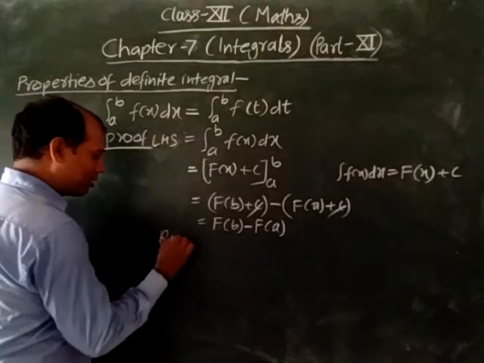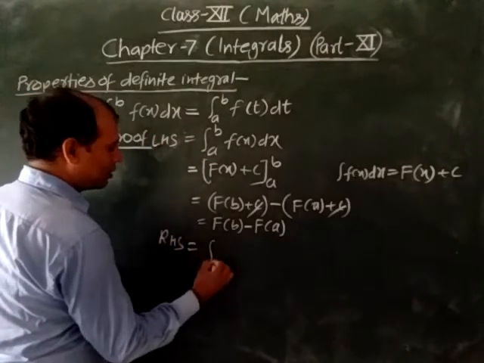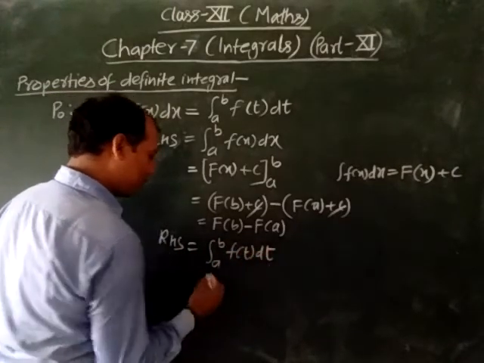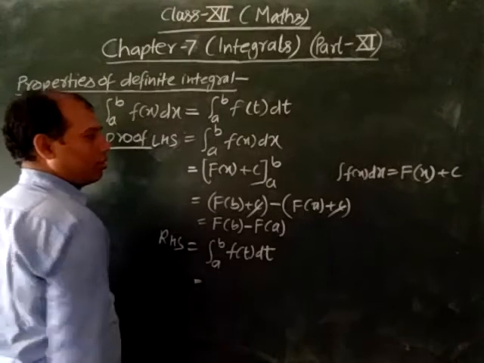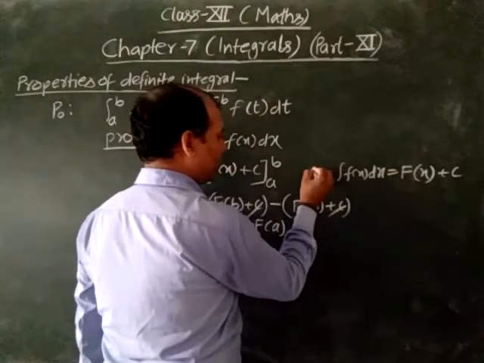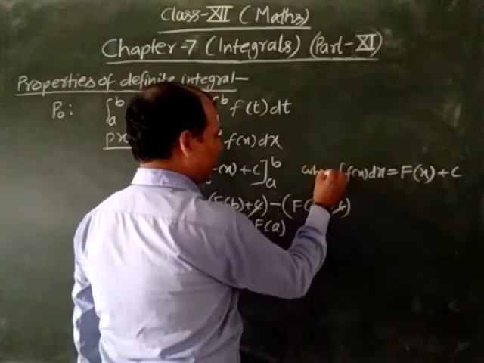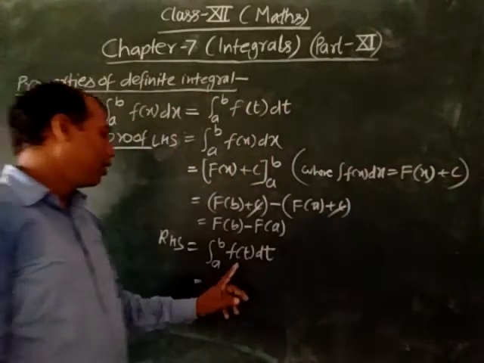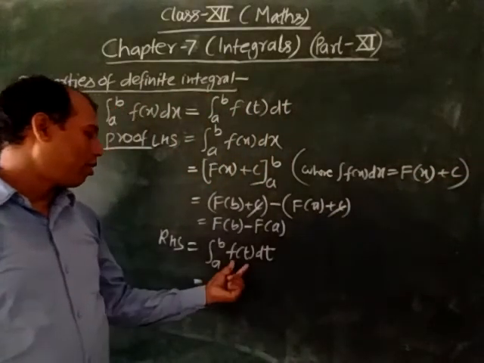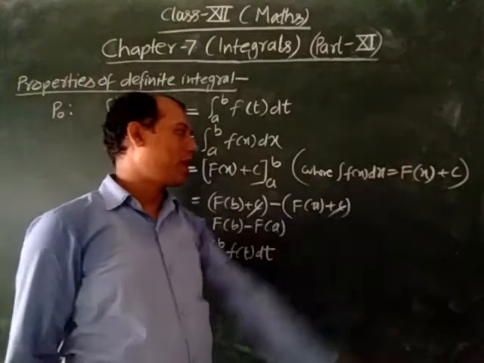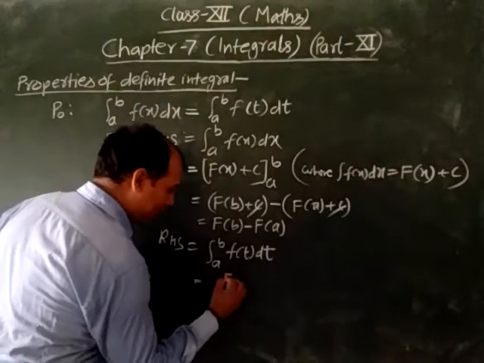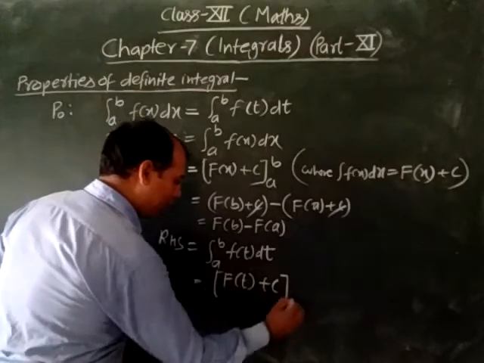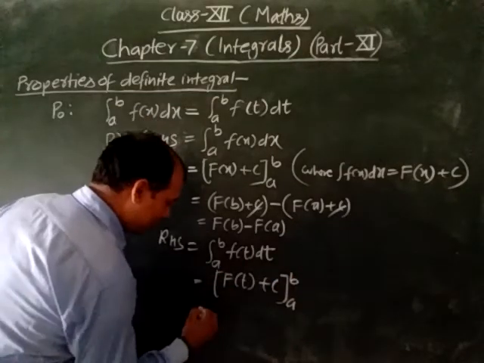Now taking RHS, which is integral a to b f(t) dt, the integral of f(t) can be written as capital F(t) plus c, and we apply limits on these.